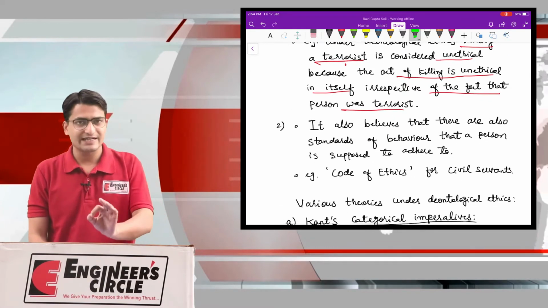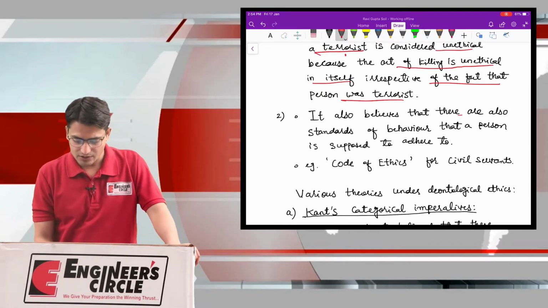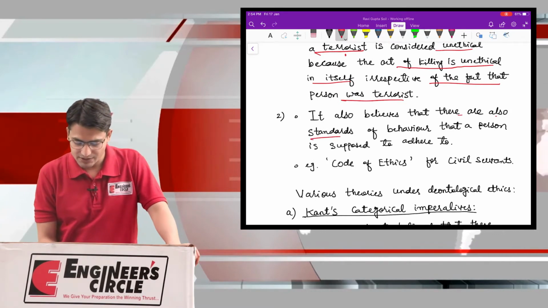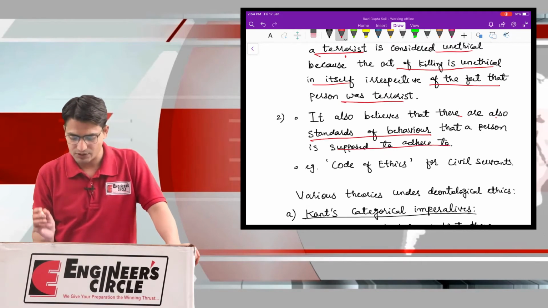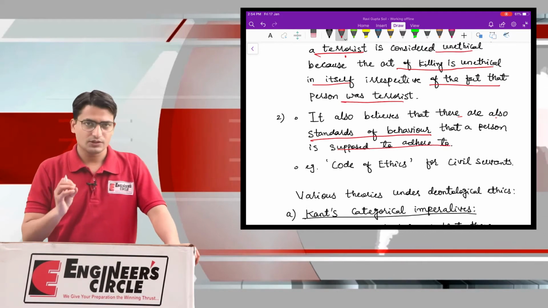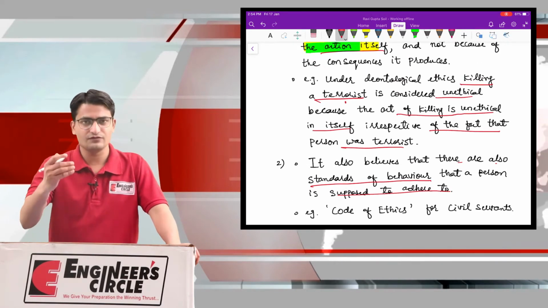Now, what is the second dimension? A simple dimension: it also believes that there are standards of behavior that a person is supposed to adhere to. I can say that this second dimension flows from the first dimension itself.